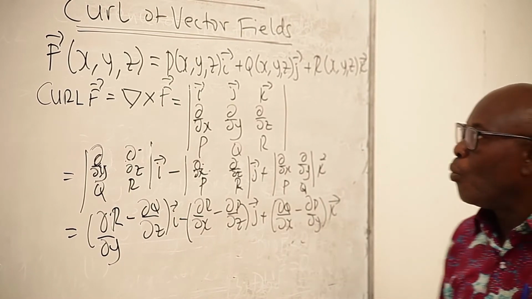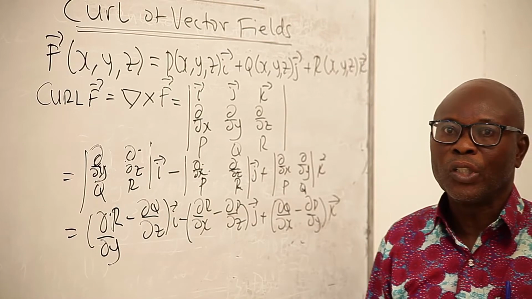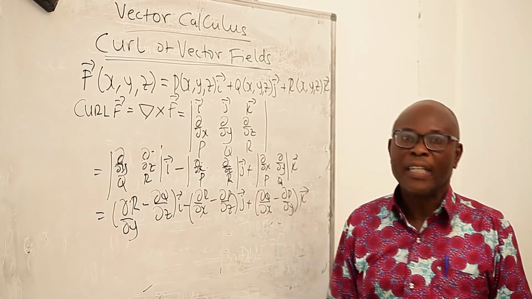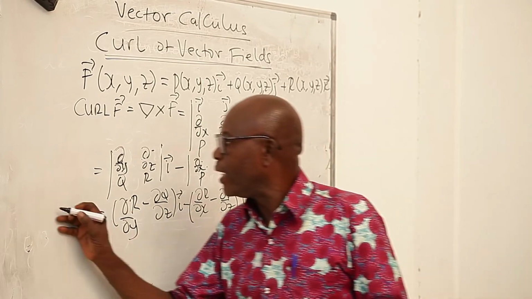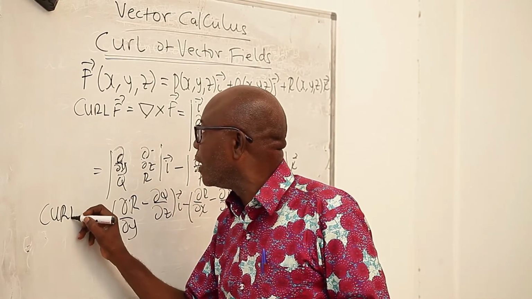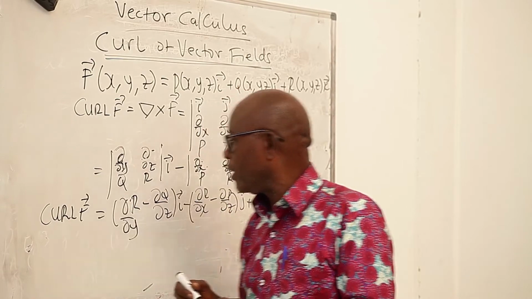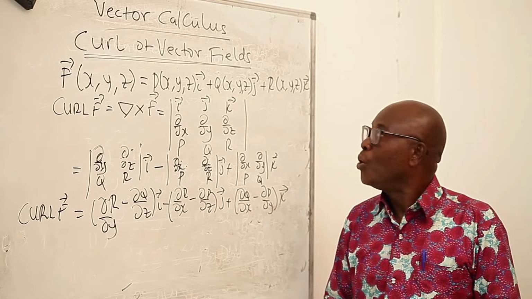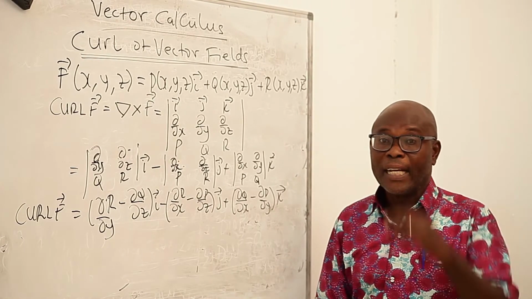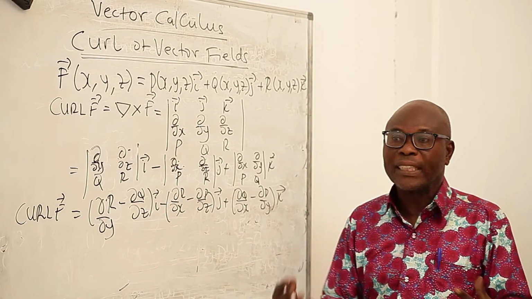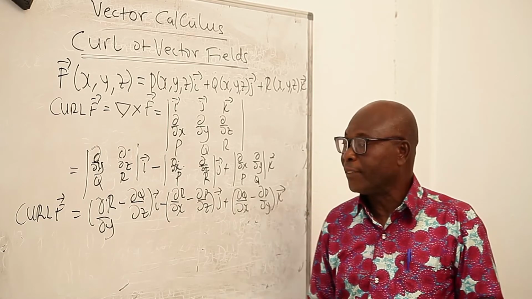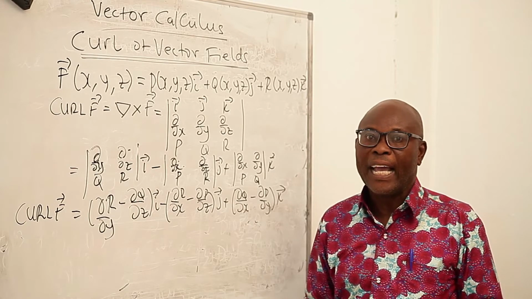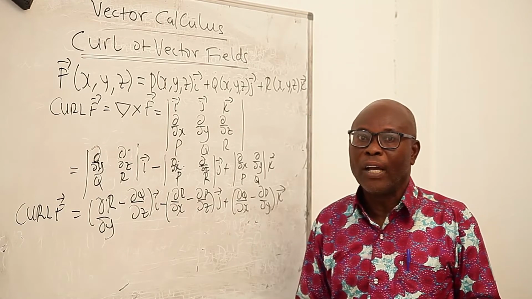When you do the cross product of 2 vectors, you still have a vector. And this is how we define the curl of F. Since it's a vector, and we want to find the curl at any point in the flow of the vectors, we can have 3 scenarios, like we saw in the earlier video on divergence.